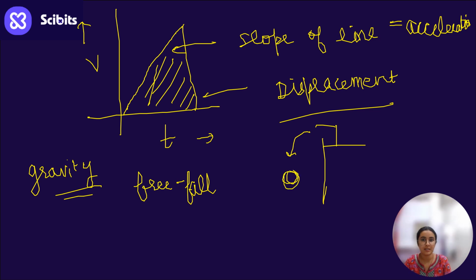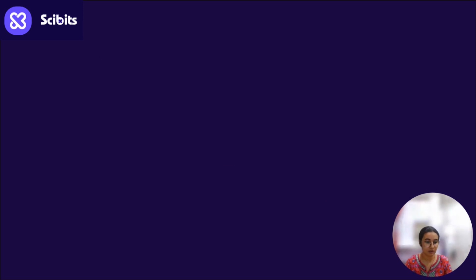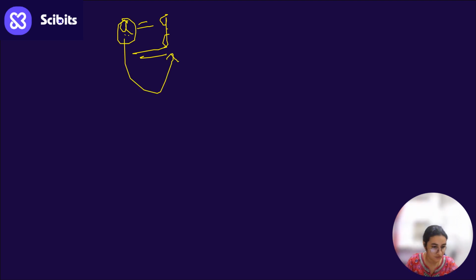So this ball is under the influence of acceleration due to gravity, so the motion of this ball is free fall. For free fall there are a few changes in the formulas. You just have to replace the acceleration of the object with gravity, that is g. And there is a sign convention used for these formulas.